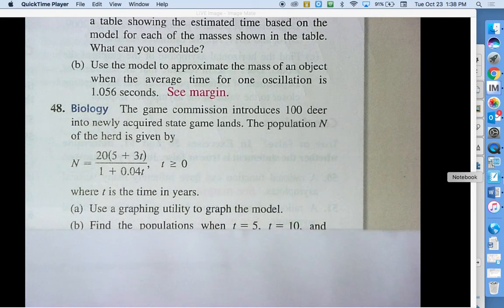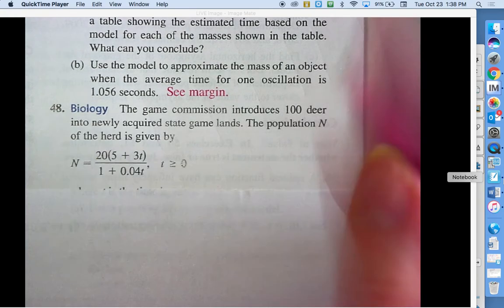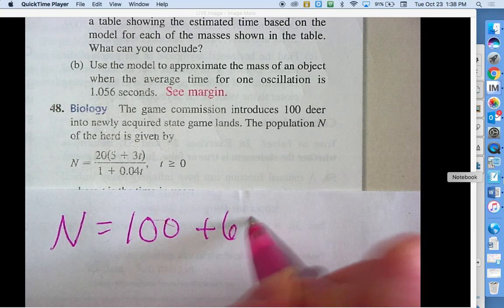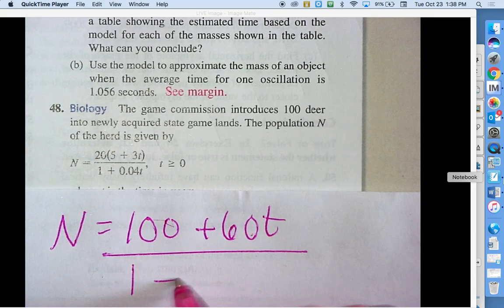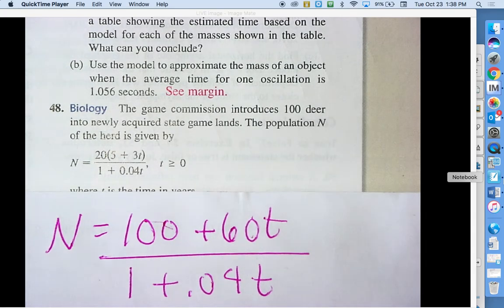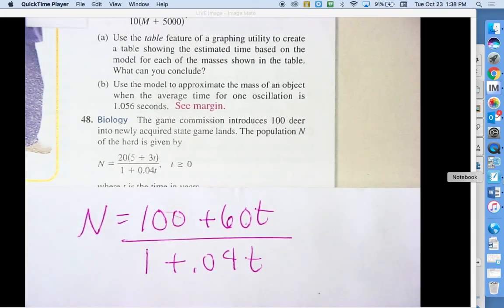Do you know, Virginia? I multiplied 20 times 3 to get 60, which I divided by 0.04. So she said she distributed the 20 through.